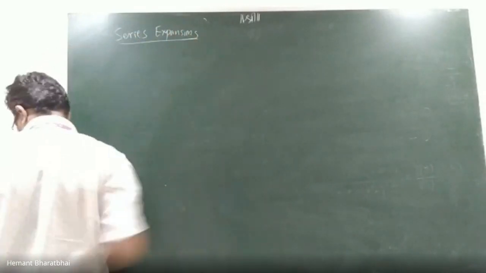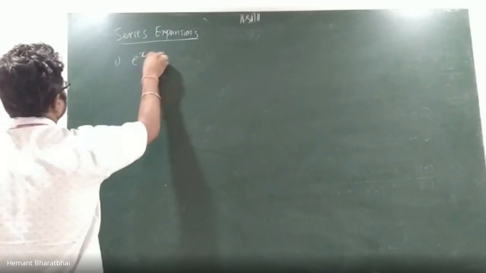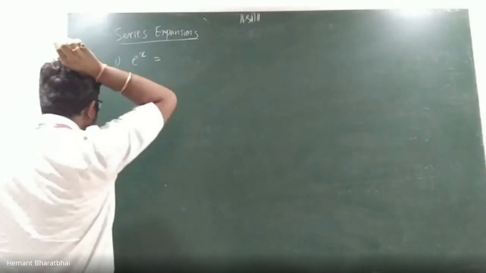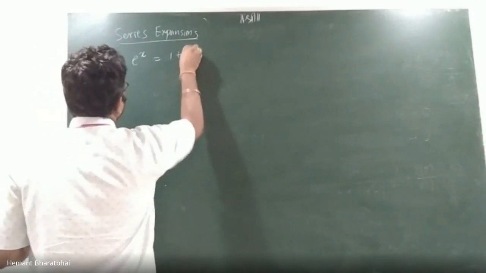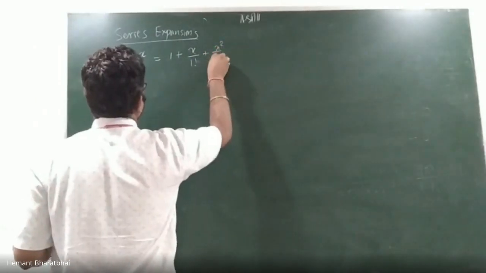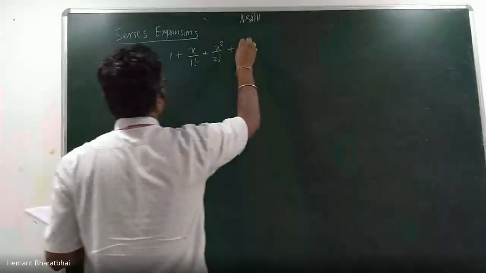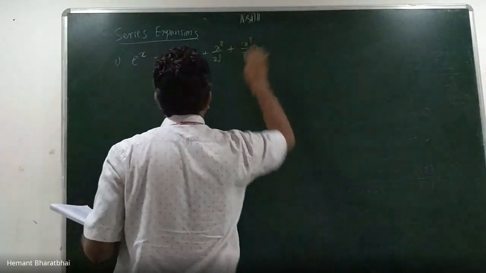Series expansion. So first, series of e raised to x. E raised to x in the series expansion form can be written as 1 plus x by 1 factorial plus x square by 2 factorial plus x cube by 3 factorial plus and so on.